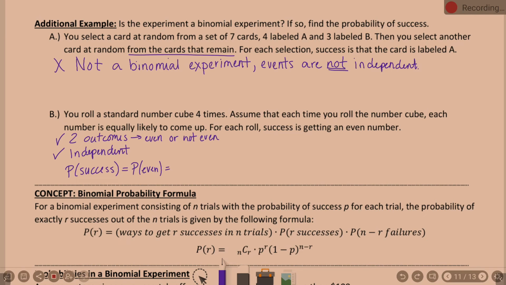Is it always that way? Yeah. Each time we roll the die, you have all 6 sides. You're going to have all the options there. So it is always 1/2 each time. Okay. So is this a binomial experiment? Yes, this is a binomial experiment.